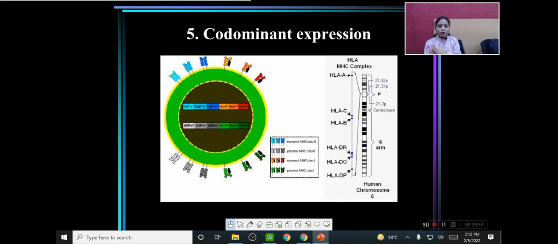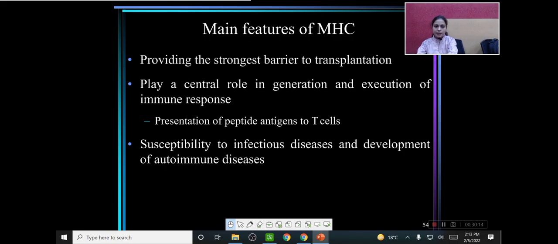So blood group is a codominant phenomenon. Like that, codominant expression is also a feature of MHC. It means both the maternal and paternal genes that are inherited are expressed equally in a cell.